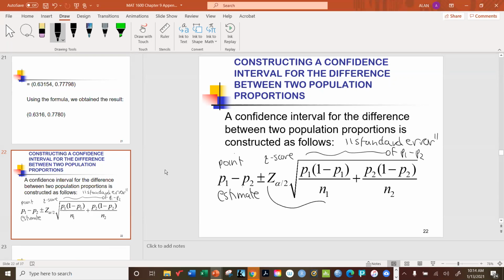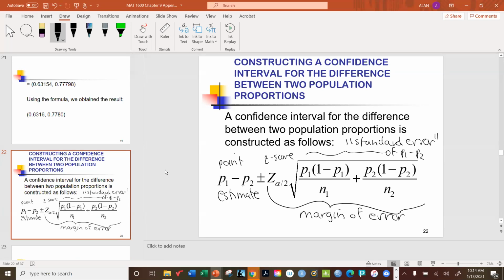And then this whole thing is the margin of error. And as usual, we're taking our point estimate and adding and subtracting our margin of error to come up with our confidence interval. And as usual, we will do this for three levels of confidence, 90, 95, and 99.